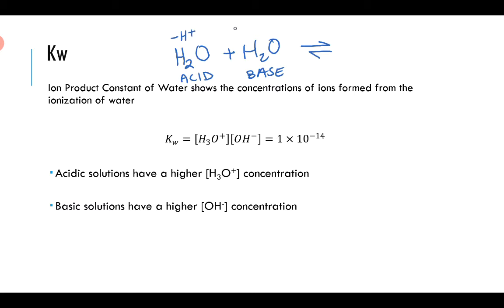So we'll subtract an H plus and then add the H plus to our base. We'll end up with OH minus, hydroxide ions, and H3O plus ions. That's aqueous, aqueous, liquid, liquid. Water is always a liquid.